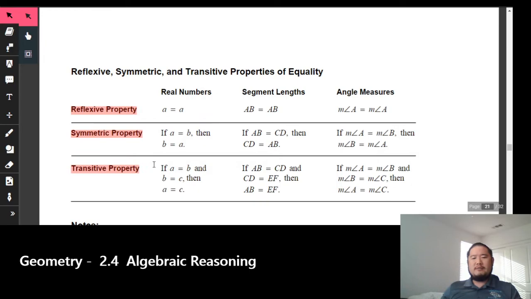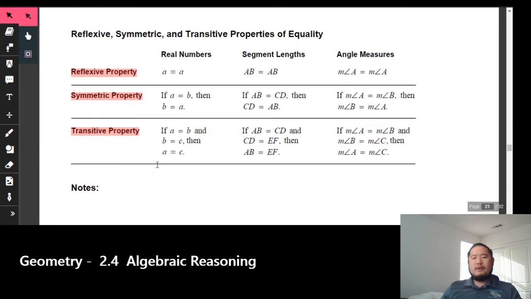The last one is the transitive property. This one says, look, if A is equal to B, and B is equal to C, then A is equal to C. An example would be thinking about people's height. If A is Alex, if Alex is equal in height to Brad, and Brad is equal in height to Craig, then Craig and Adam happen to be the same height.